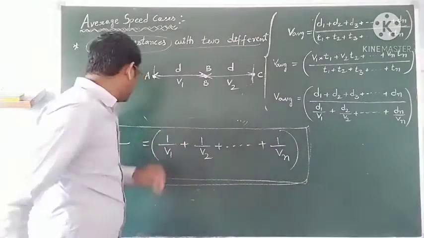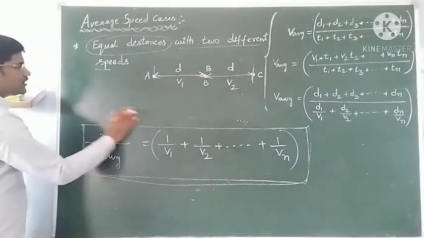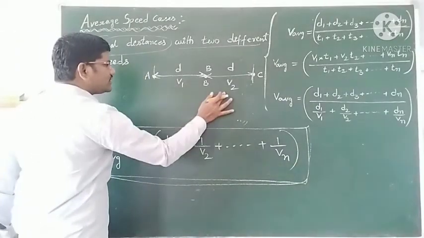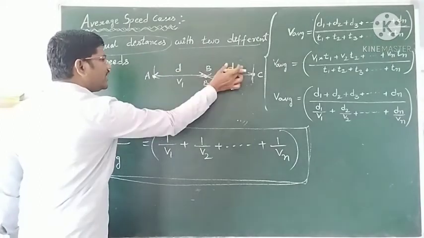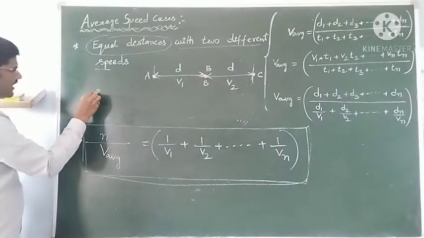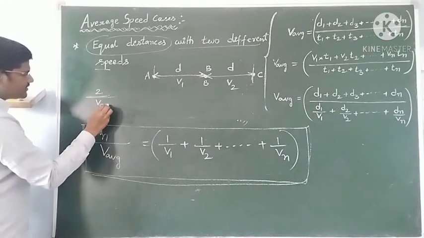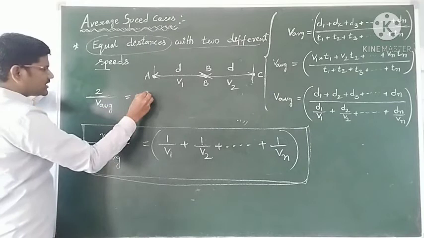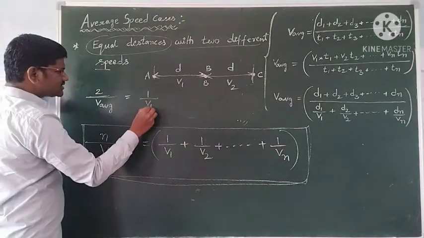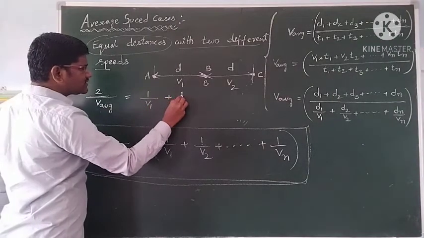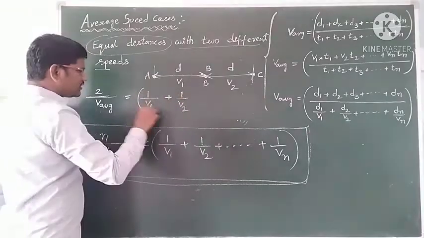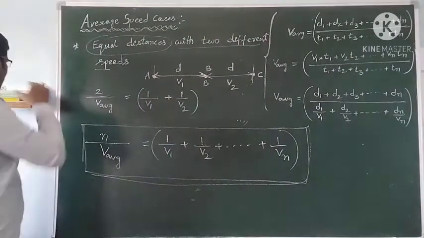So here the n value is the number of equal distances you have, 1 and 2. So n value is 2. So 2 by V average is equal to, what will you get students? 1 by V1 plus 1 by V2. This is the formula we will get.